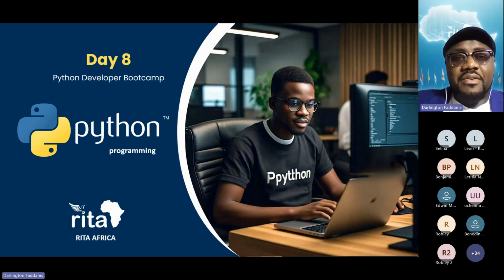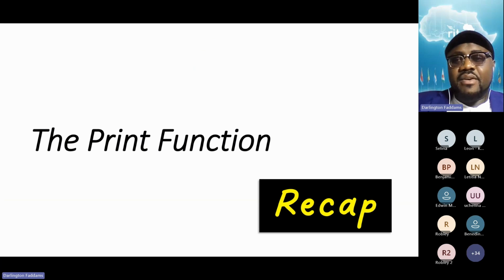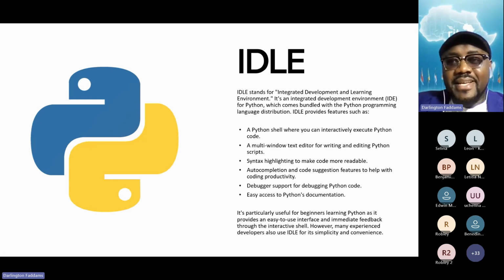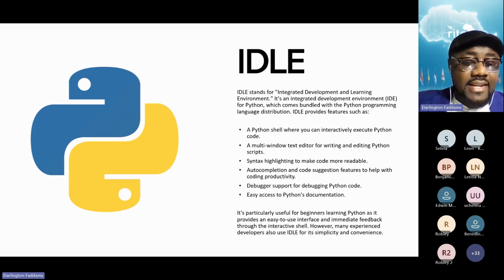I'll do a little recap of what we studied yesterday. We looked at the signature of the print function, how the print function was created. We saw the sep parameter, we saw the end parameter, and we were able to manipulate them. We also took a look at IDLE yesterday, which is an integrated development and learning environment, particularly designed for beginners and learners to be able to write simple Python scripts and explore Python.